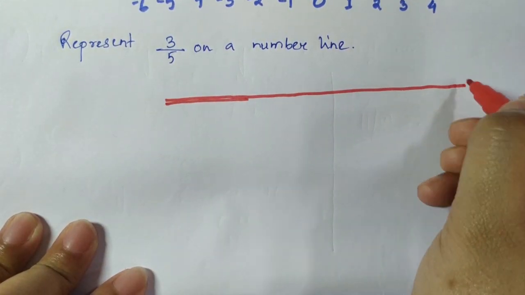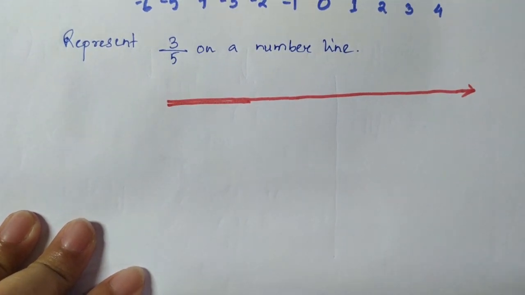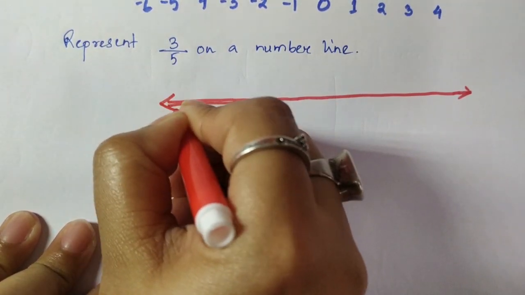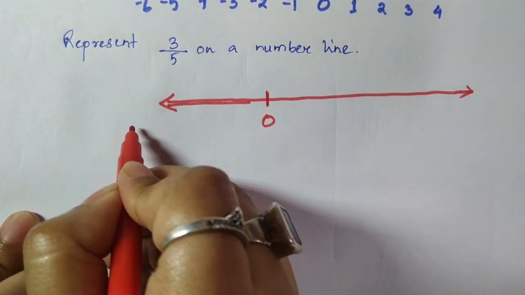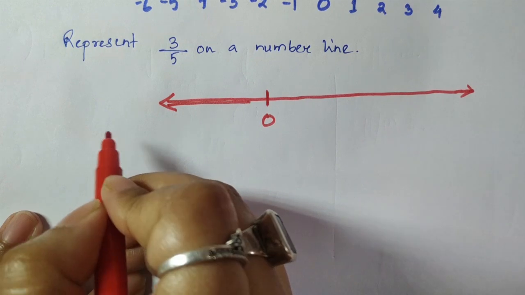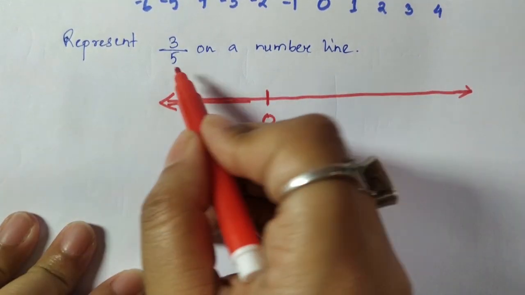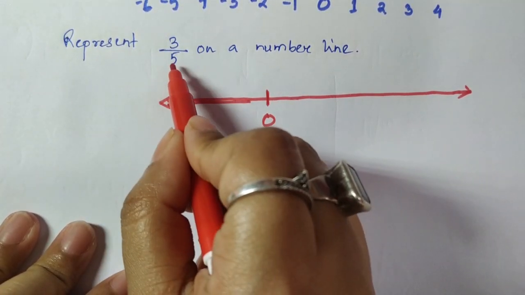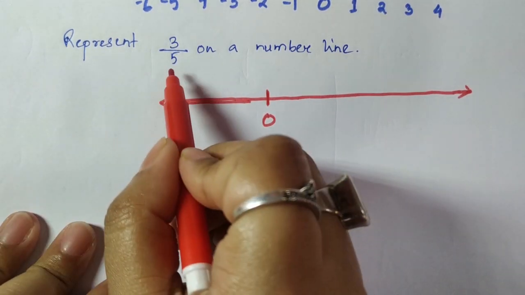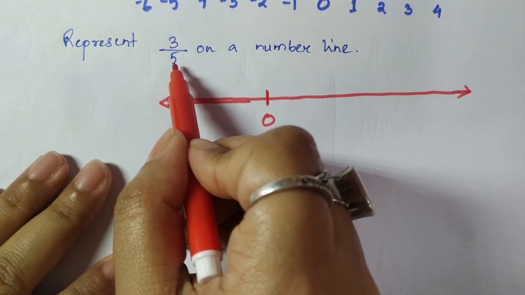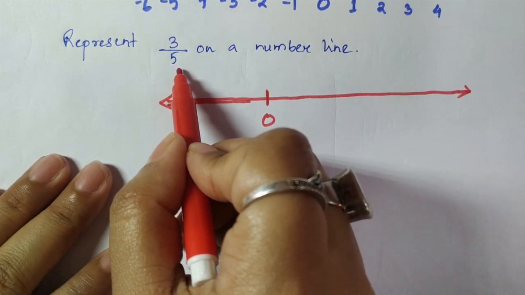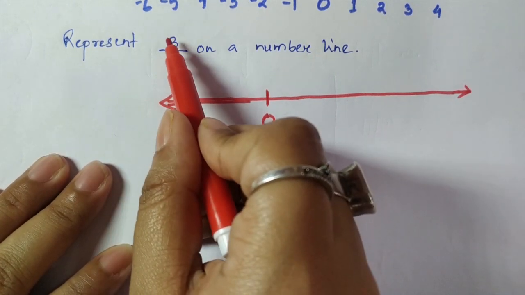The basic concept is the same: the positive numbers will be on the right hand side and negative numbers on the left hand side. Whenever this is a rational number, you know that this is a fraction. Now 3/5, if I ask you whether it is a proper or improper fraction, this is a proper fraction because the denominator is bigger than the numerator.